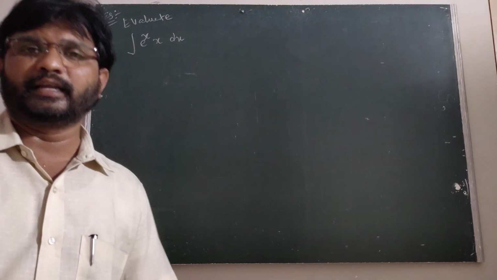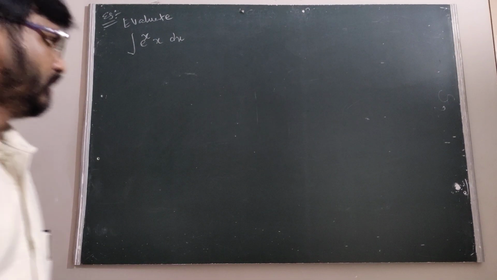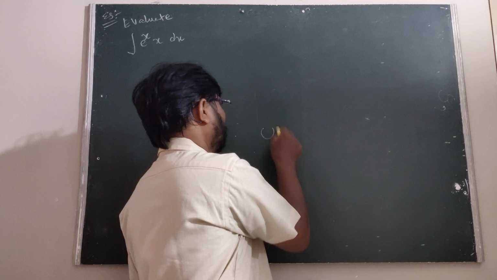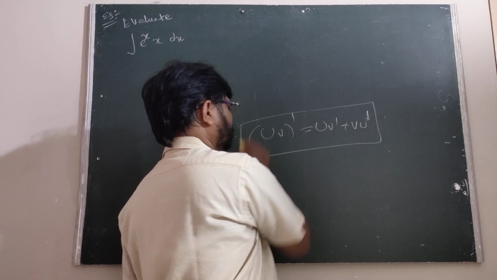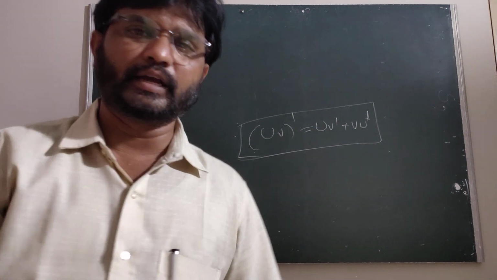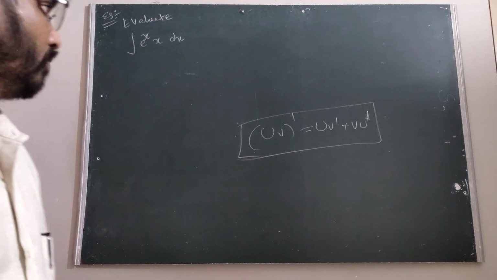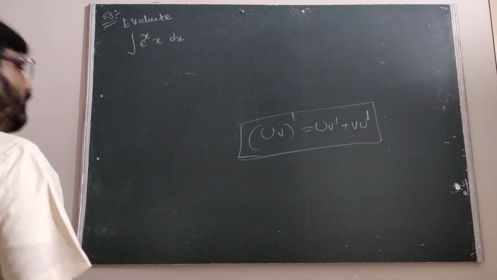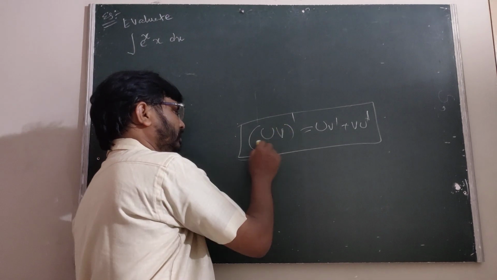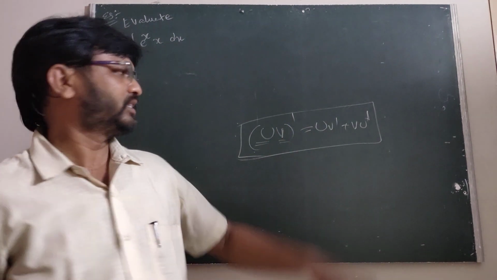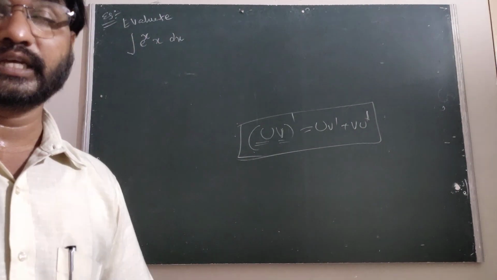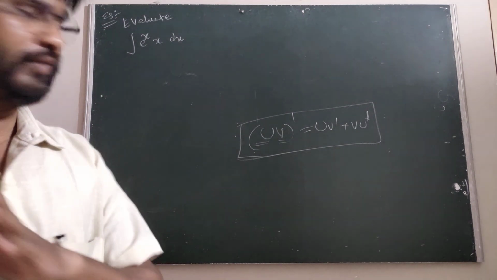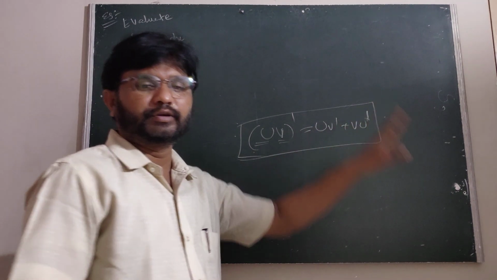So now we are going to take an example. Evaluate the integral of e power x into x. In the first year of differential calculus, we take the product rule: uv whole dash is u v dash plus v u dash. That is, first into derivative of the second plus second into derivative of the first.